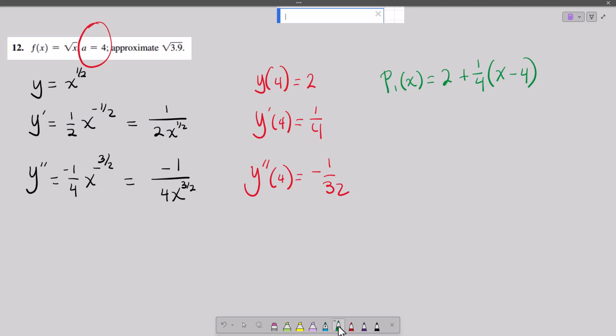P sub 2 of x is the tangent line, so this all stays the same, plus y double prime divided by 2. So minus 1 over 32 divided by 2 times x minus 4 quantity squared. That is our best quadratic approximation.